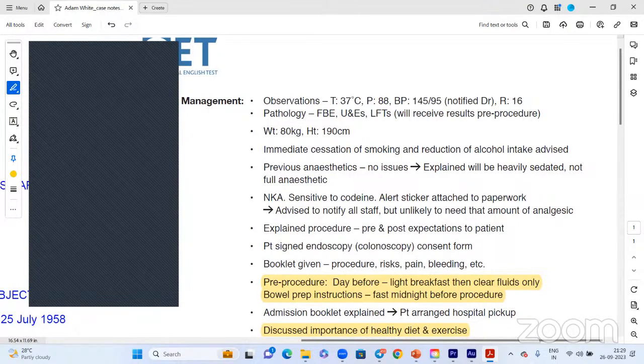Second paragraph, write the complaints, the presenting problems. Third paragraph, you write about the histories. Fourth paragraph, write the follow-up action plan.